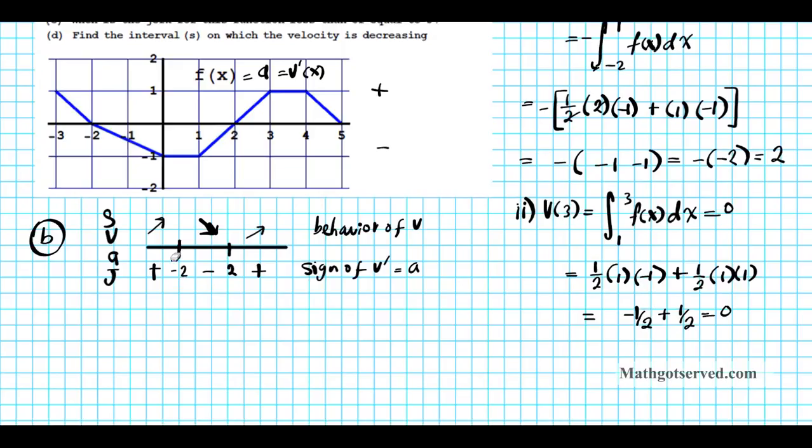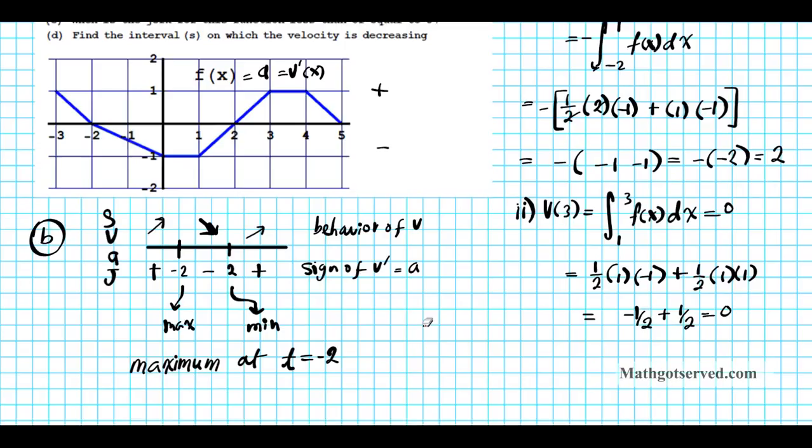If you're increasing and you start to decrease, this right here is a maximum, a relative maximum on the domain. And on this extrema right here, if you're decreasing and then you start to increase, this is a minimum. Okay? So this clearly shows us, since you're going from positive to negative, that you have a maximum. That's the only maximum we have, at t equals -2.